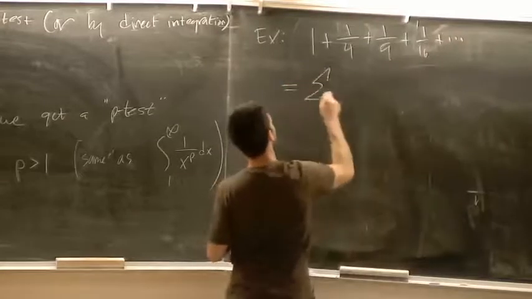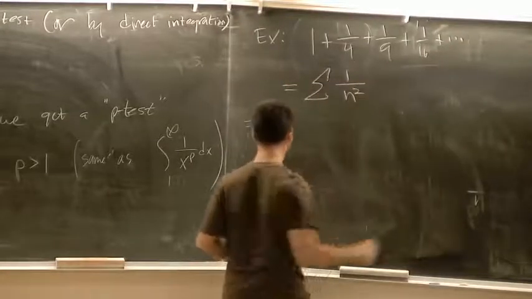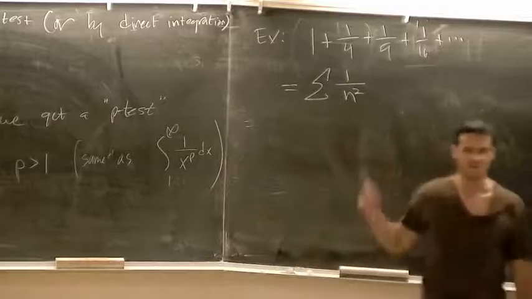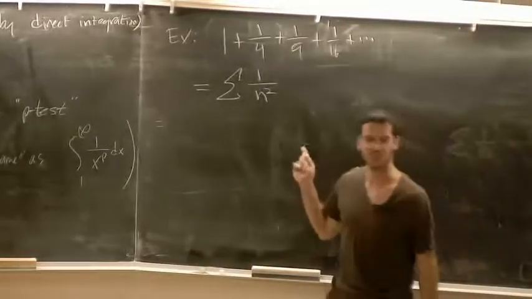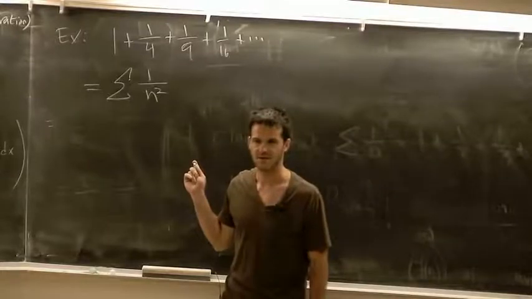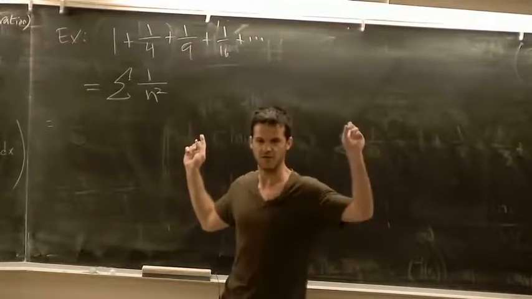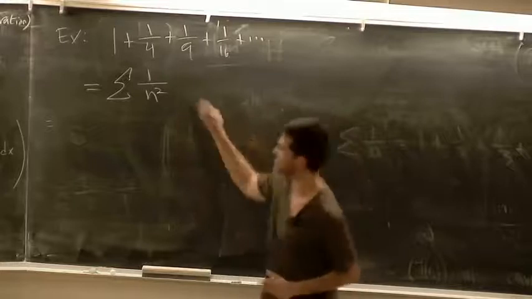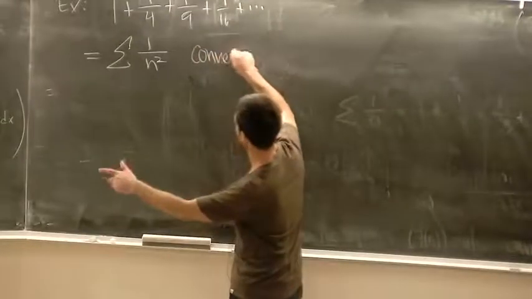This is the sum of 1 over n squared. What do you guys think? Does this one converge? Who says this converges? Good, yeah, you guys are correct. This converges by the p-test that we just did.